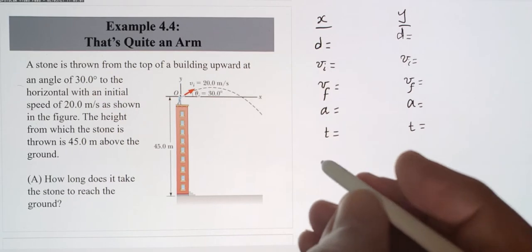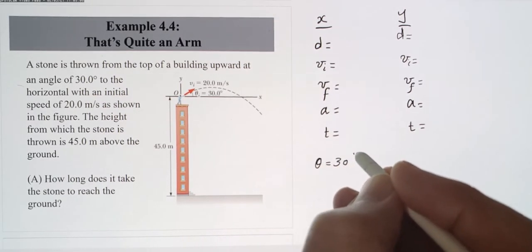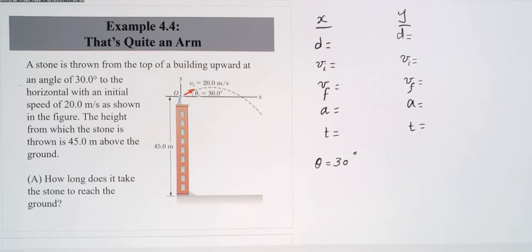First of all, theta is equal 30 degrees. When you see theta in a projectile motion, that means automatically, without him asking you to do so, you analyze v into vx and vy right away, without thinking.